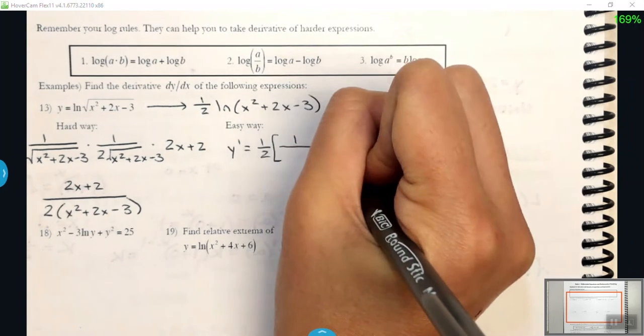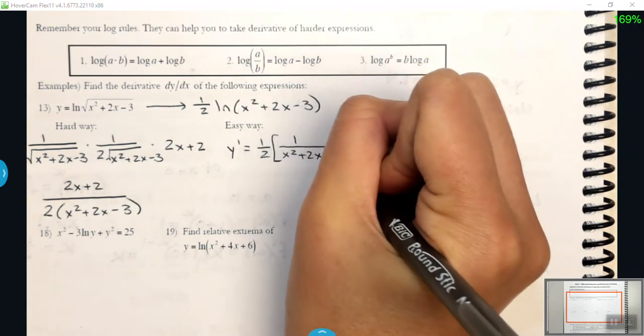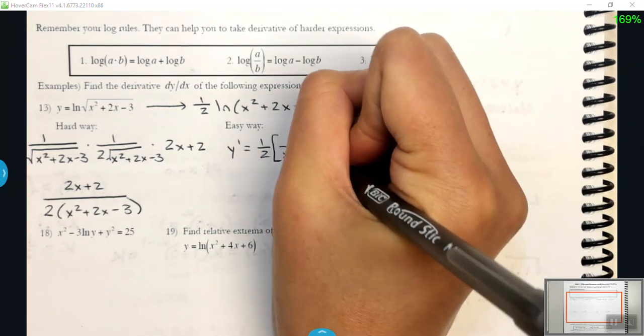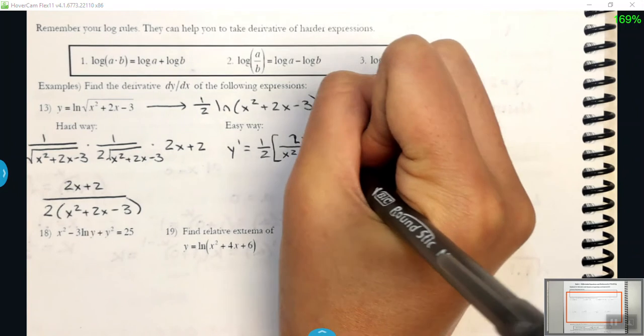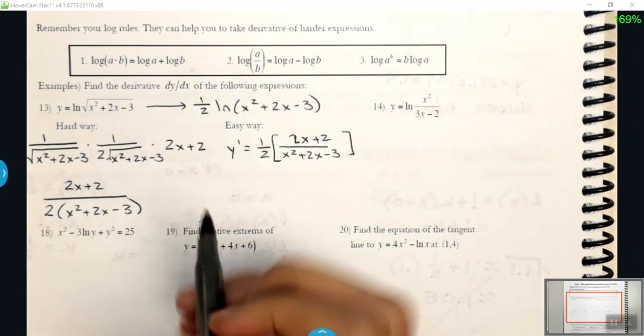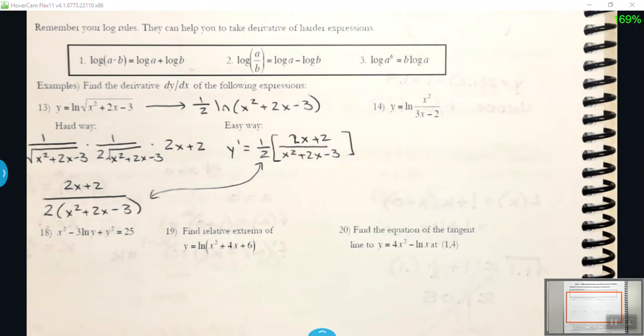So it's 1 over x squared plus 2x minus 3 times 2x plus 2. So I'll put that on the top. And then it's the exact same as this, only it takes you a little bit less manipulation to do. But if you're not good at expanding or condensing logs, then you might as well just do it the hard way.